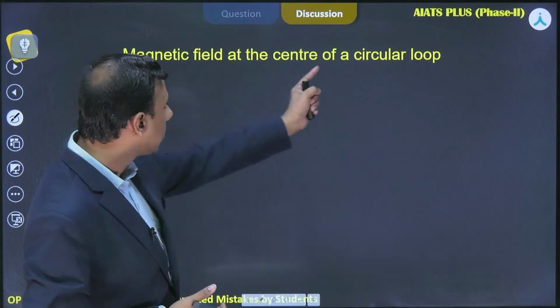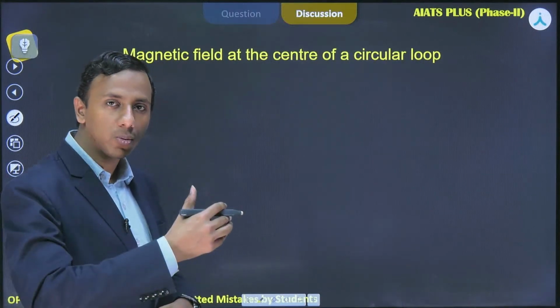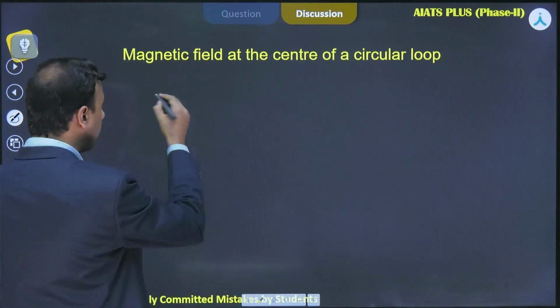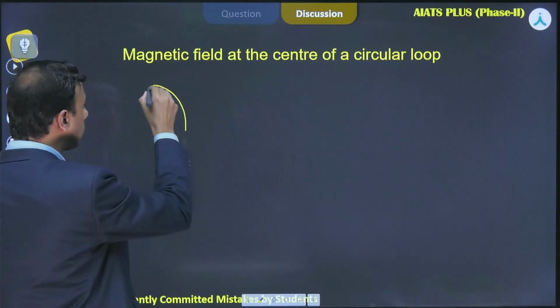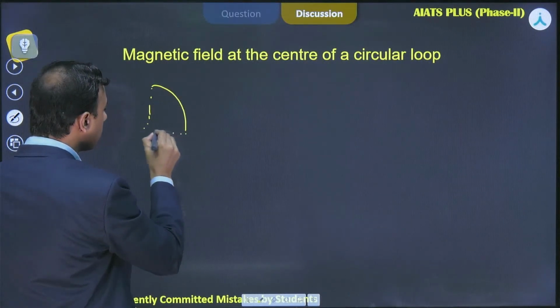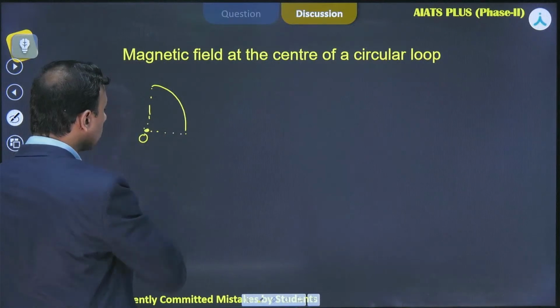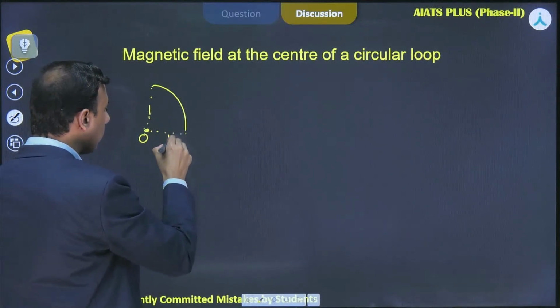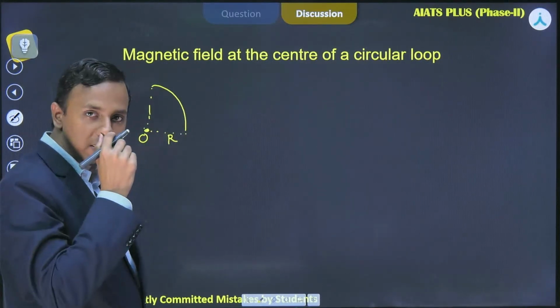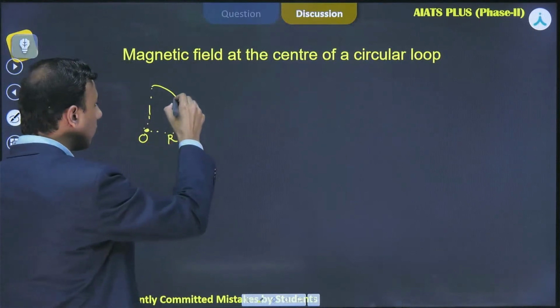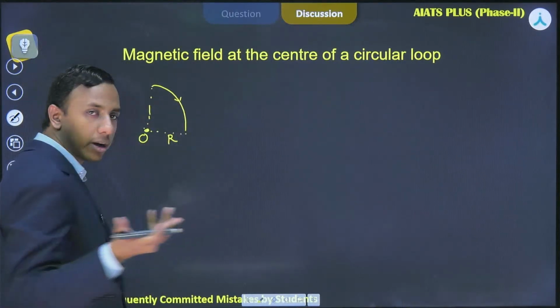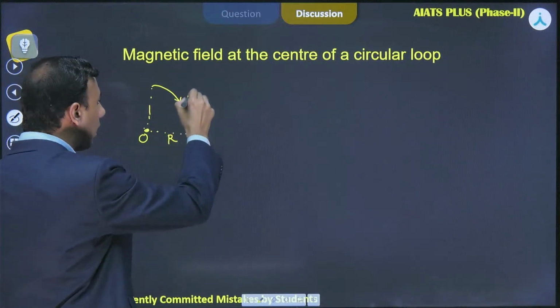Very simple, see? At the center of a circular loop. So for this one, please remember the formula due to arc. Okay, so let's say this is an arc, and at center O, remember the arc has a radius, capital R. Current is flowing, let's say like this. You can flow current however you want, current I is flowing.